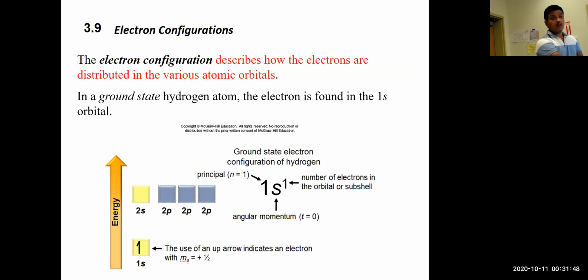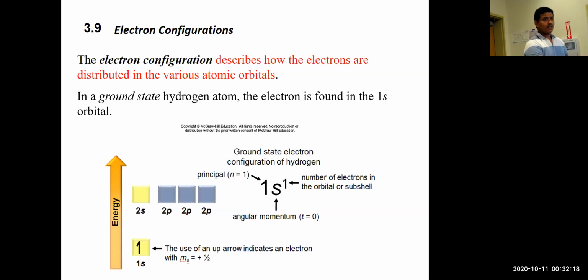Principal quantum number 1, angular quantum number s, and the exponent 1 says that there is one electron in shell 1, subshell s. That is how we read the electronic configuration back. When you show it in energy levels, you show 1s at the bottom in comparison to 2s and 2p. This is called electronic configuration, specifically the electronic configuration of the hydrogen atom.